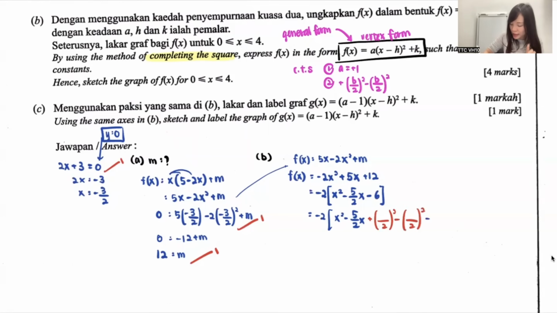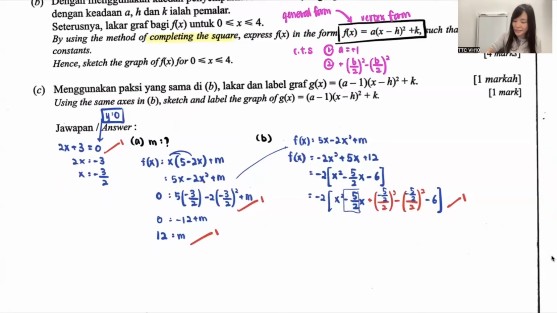This is exactly the part that you will get 1 mark. The rest no marks, but this row always gets 1 mark. So this row is necessary to write out. Last time it didn't have marks, but now it does. So you must write it. Please remember that. So what's my b now? My b is here, isn't it negative 5 over 2? Here, negative 5 over 2. Isn't it here also negative 5 over 2? I hope you guys understand it, okay?